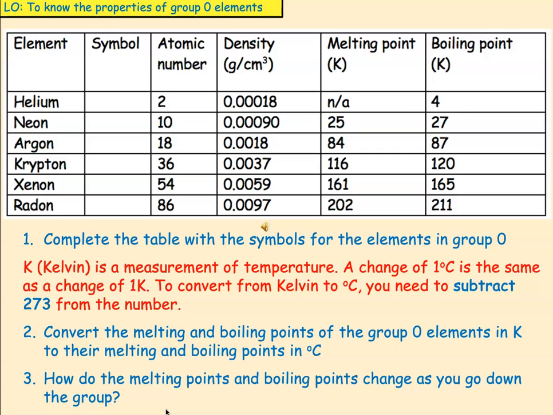So for instance, for helium, if I was to convert 4 Kelvin to degrees C, I need to take away 273. So that would come to minus 269 degrees Celsius. Okay, so you need calculators for this.